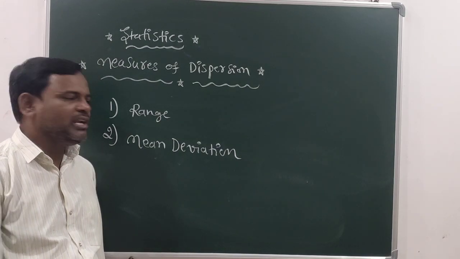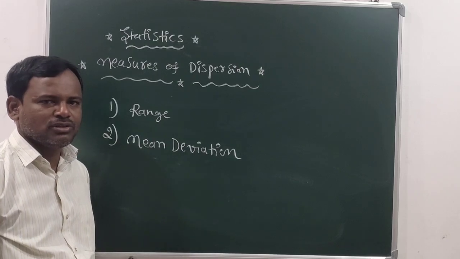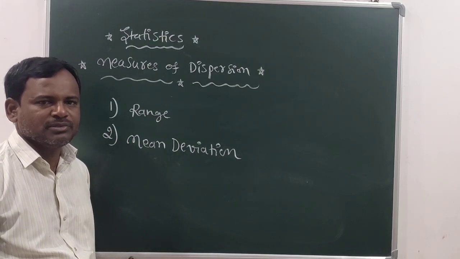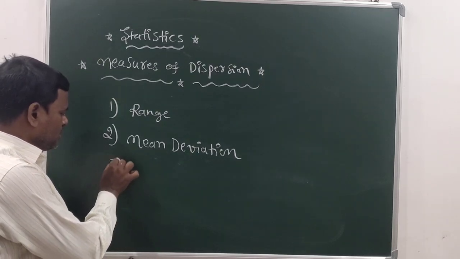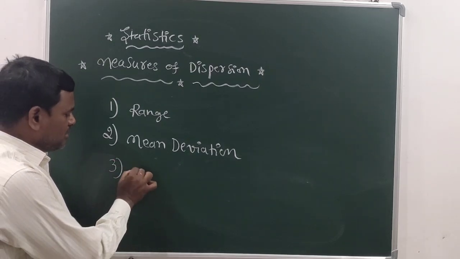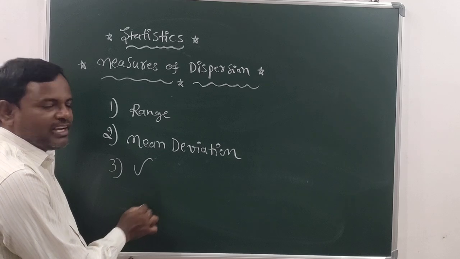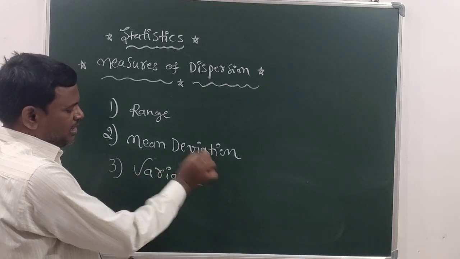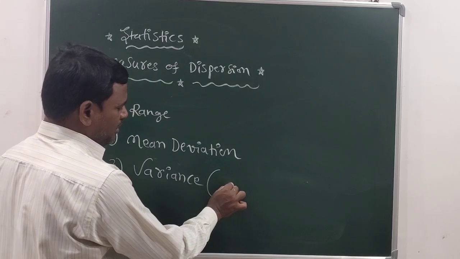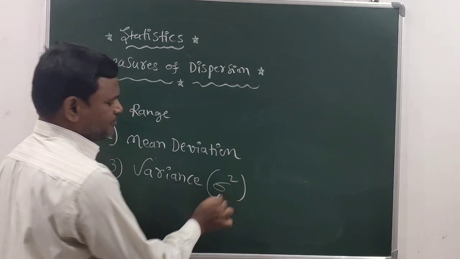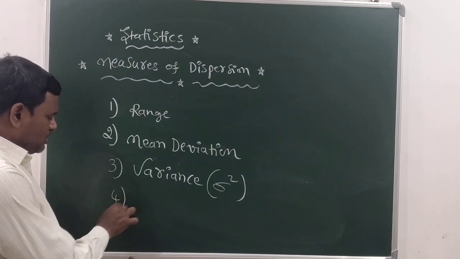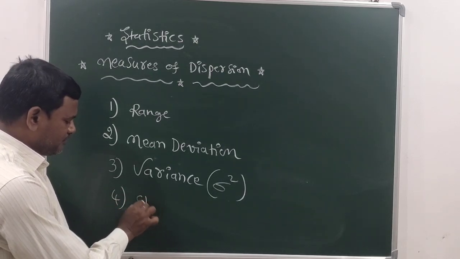Even you can find mean deviation about their mode also, but those kinds of questions can't be expected in the competitive exams. After this, we learn how to find variancy of the data. Variancy is denoted by sigma square. Next, fourth, standard deviation.